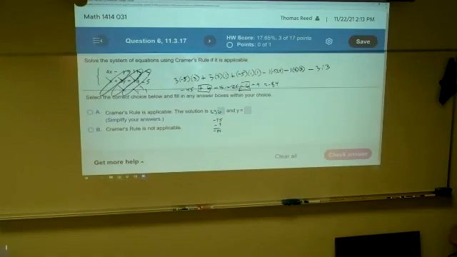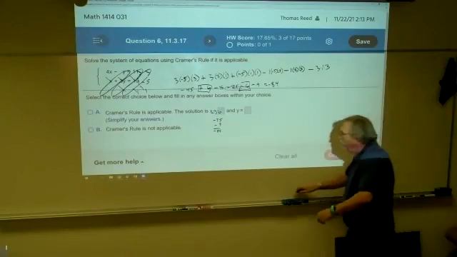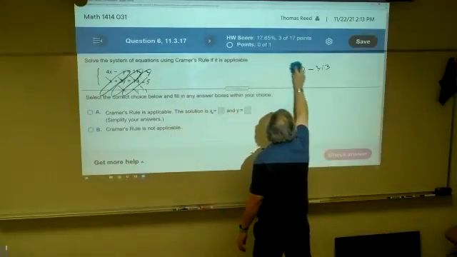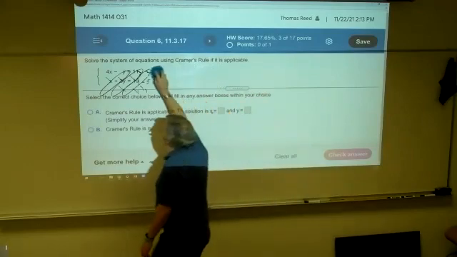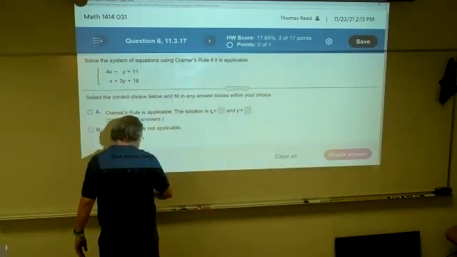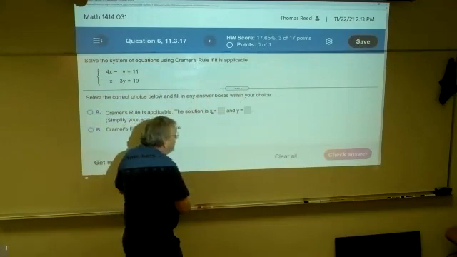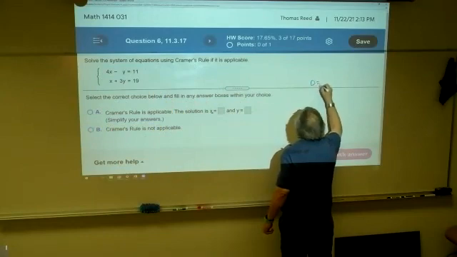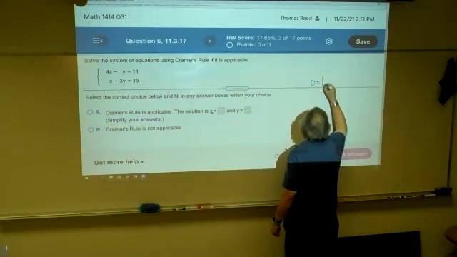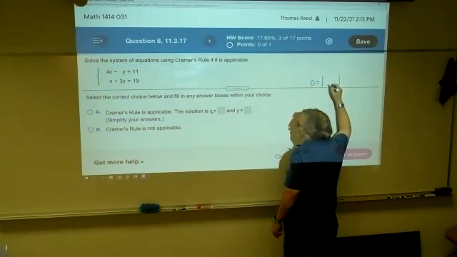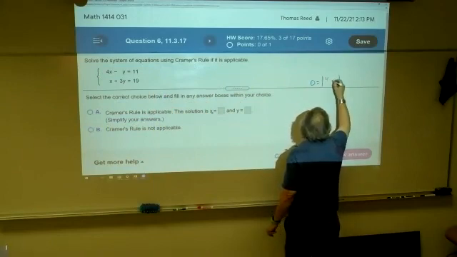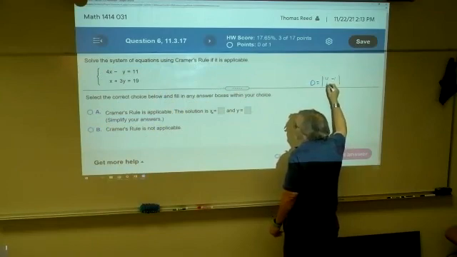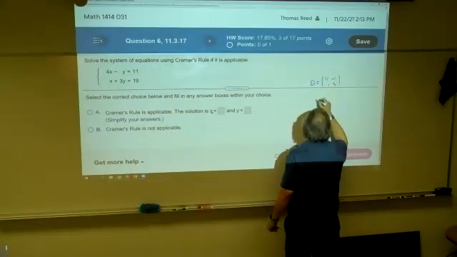So these are the type I'll be asking you to do using Cramer's rule. So you're going to have to find 3 determinants, and they're 2 by 2 matrices. To find D, well, that's the determinant of the matrix of the coefficients, negative 1, 1, and 3.